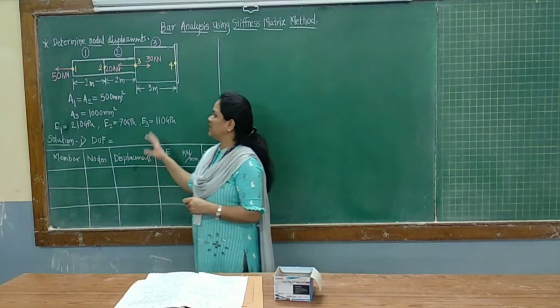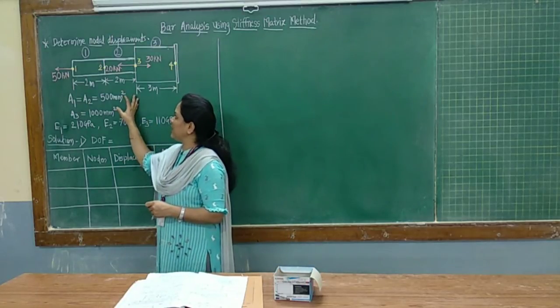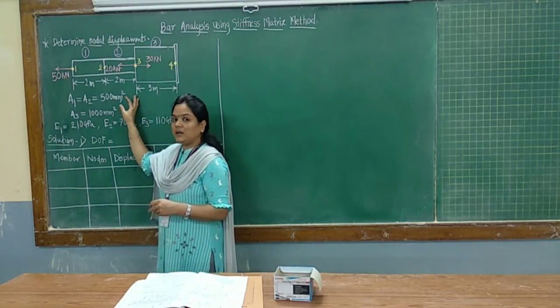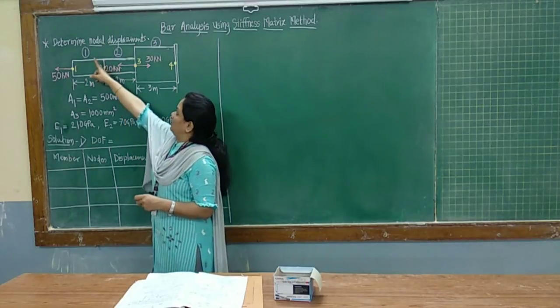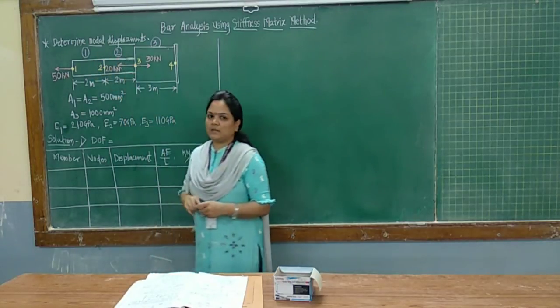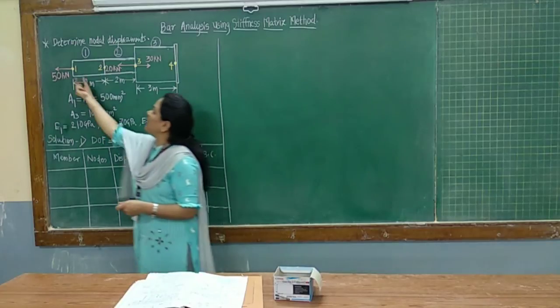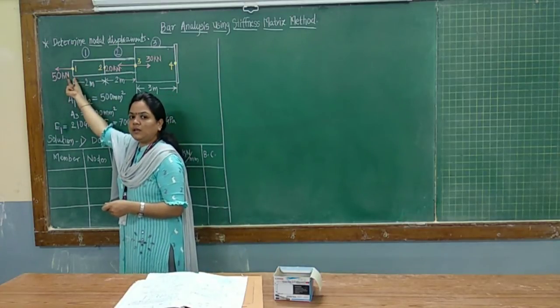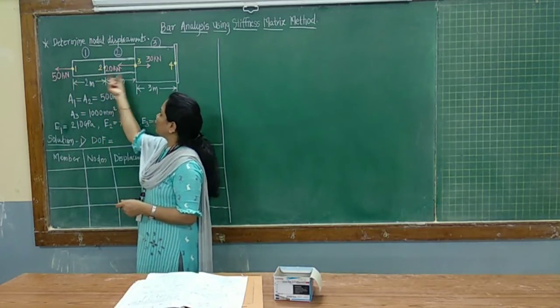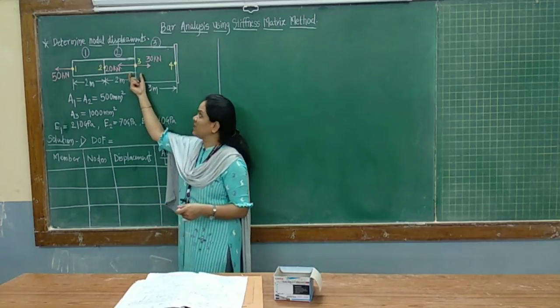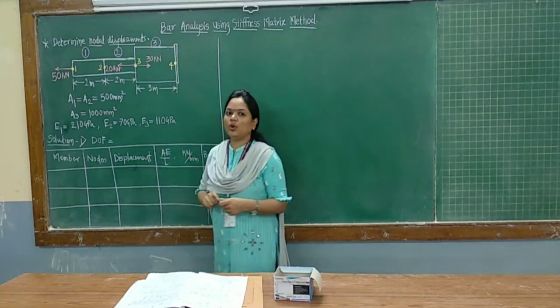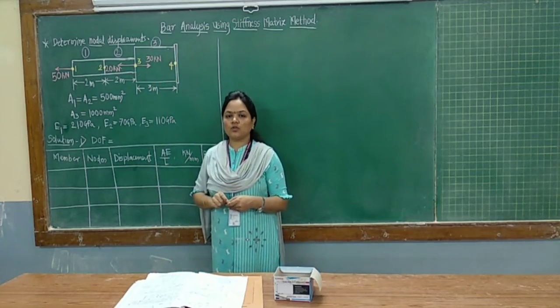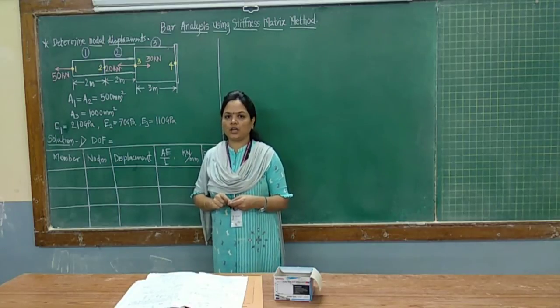That is the data given for this bar element. We have to determine the nodal displacements: at node 1 the displacement u1, at node 2 u2, at node 3 u3, and at node 4 u4. These four displacements we have to determine.